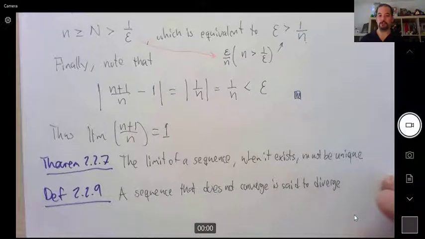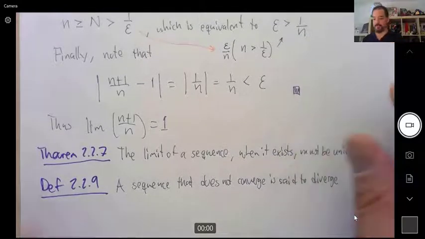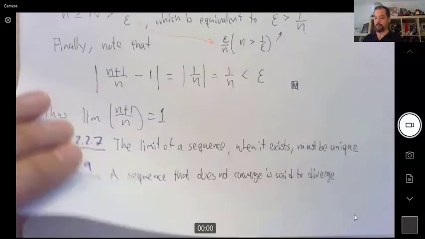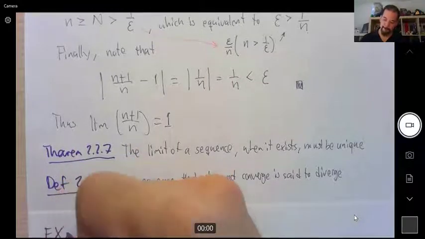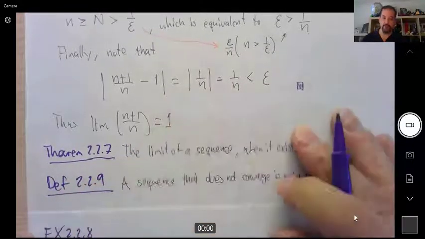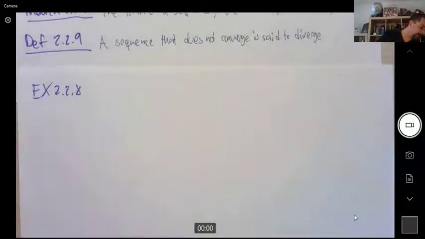And then we call it a divergent sequence. Good. So let's do another exercise, another example. This is example 2.2.8. And we're going to consider a funny sequence here. Here's how this sequence is defined.